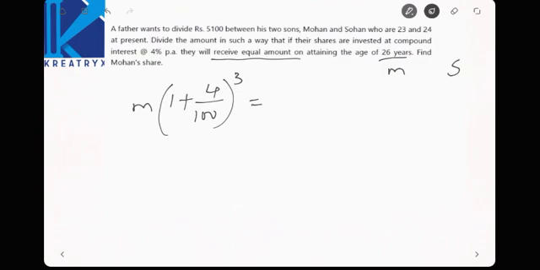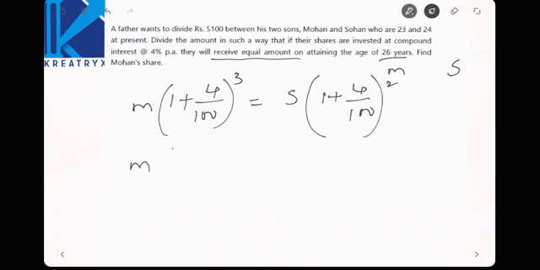So s is the amount divided by his father to Sohan, and he will also receive an interest rate of 4% for how many years? For 2 years, because Sohan is 24 years. 2 years is enough for him. Similar case, right? Now what happens here?